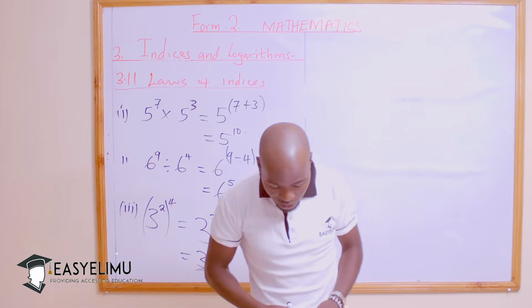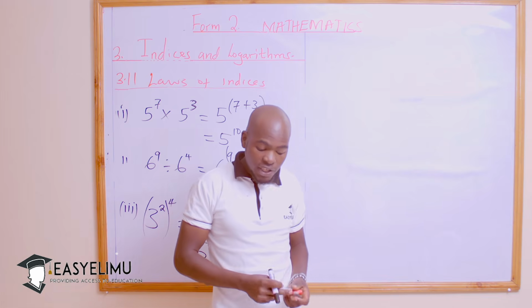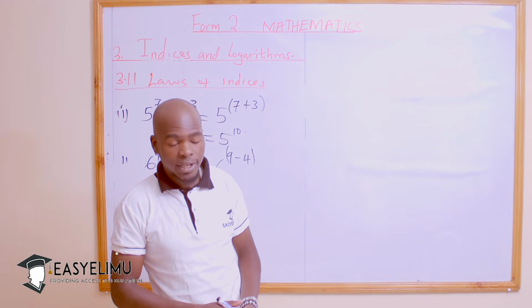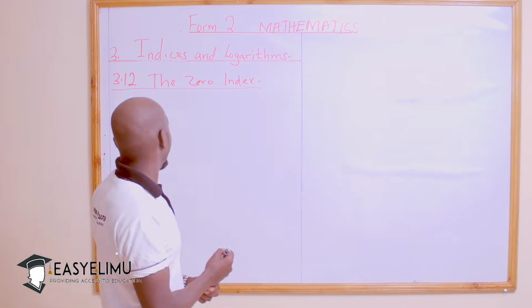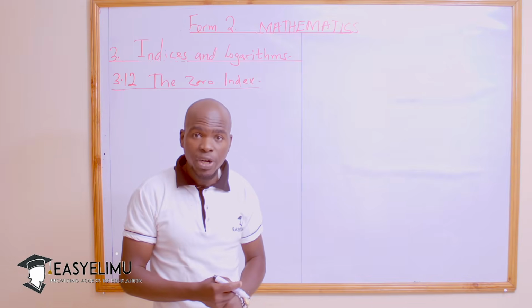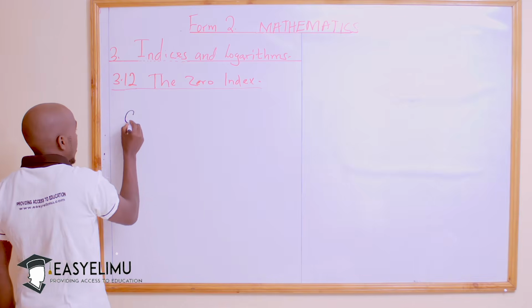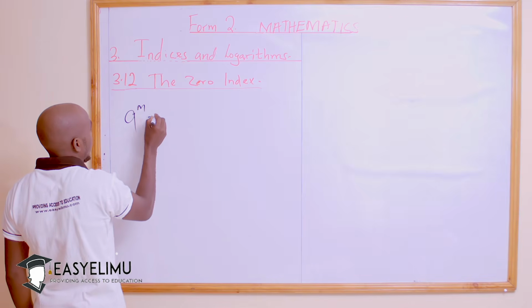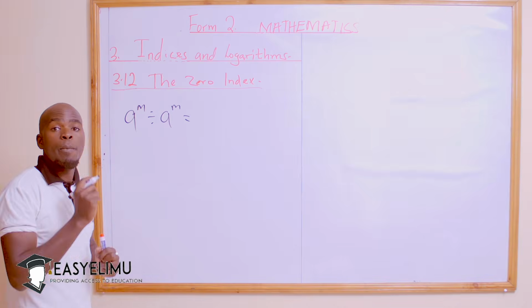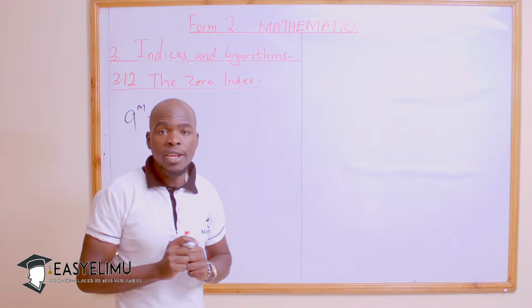Next, we are going to see how we can evaluate the zero index, or what we mean by zero index. Let's consider an expression such as a^m being divided by a^m, where they have the same base, but we are dividing.